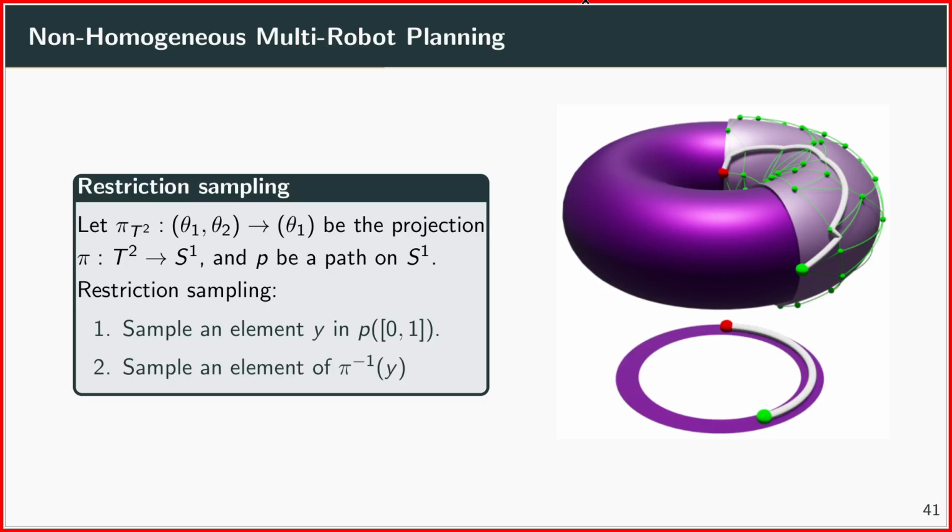And then we can just go up here to our composite state space, and we can just sample first an element on our path here, and then we single out an element of the inverse of this projection here on our state space. And what you can see here is, if we do that, then we just plan in this restriction here on the space, and we just find a solution which is lying exclusively in this path restriction. So this is the whole idea of this prioritized approach.